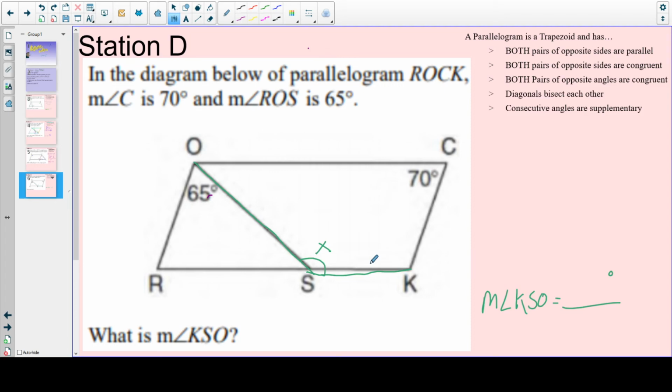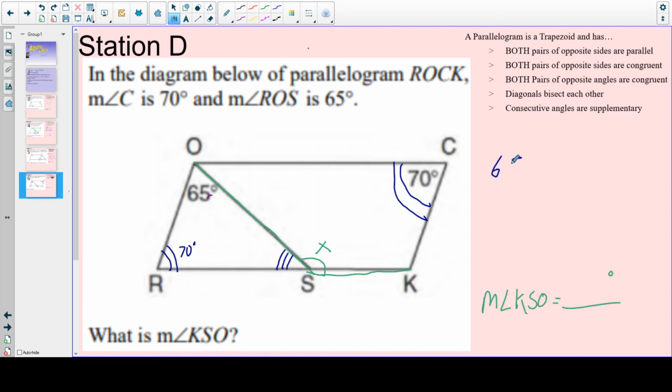So let's just use some parallelogram properties. They give us this angle. This is not really helping us because this is part of one of the angles, but they do give us 70. And we know opposite angles in parallelograms are congruent. So if that's 70, this must be 70. And now, can't I find this angle?